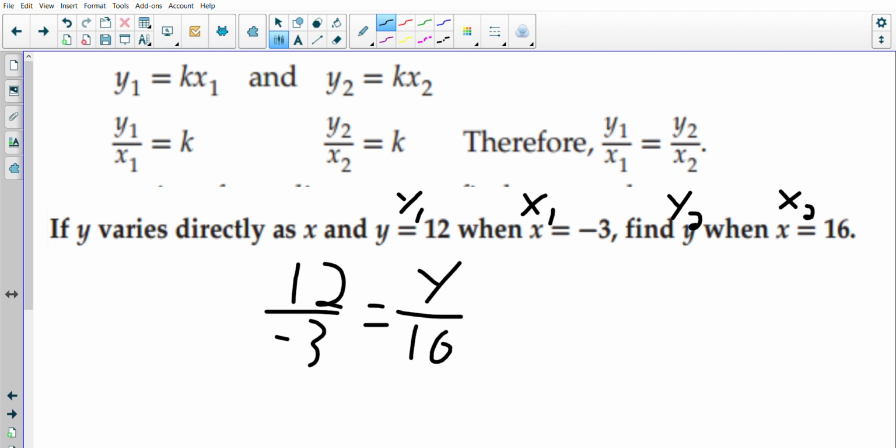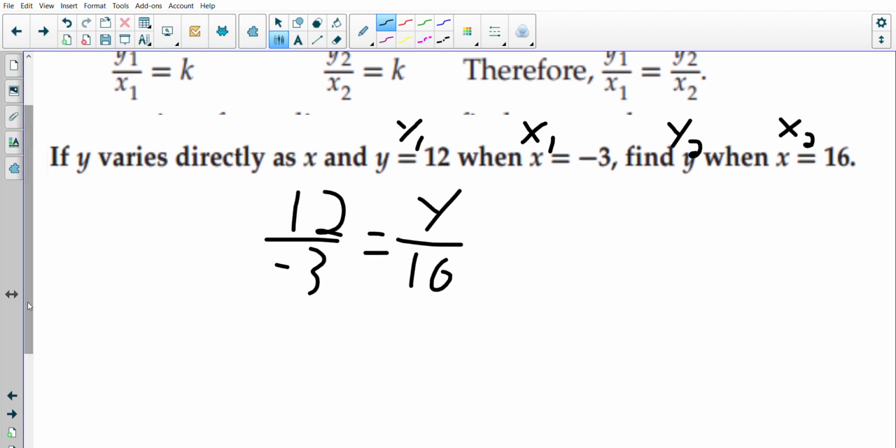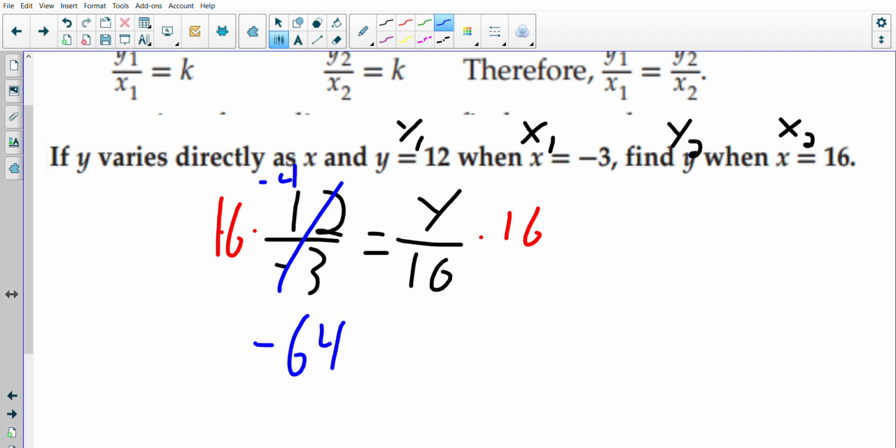And then all we have to do to get rid of that divide by 16 is just multiply by 16 on both sides. And we end up with, well, 12 divided by negative 3 is just negative 4. So 16 times negative 4 would just give us negative 64. And that is equal to y.